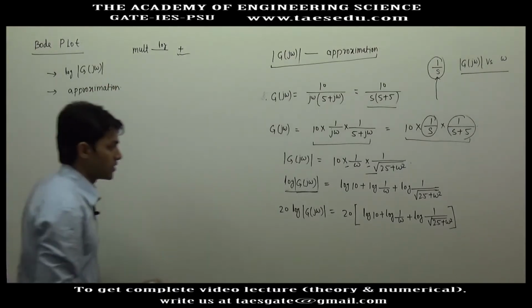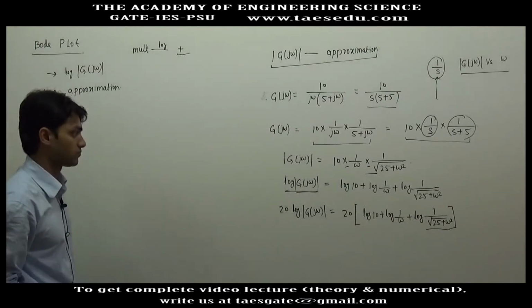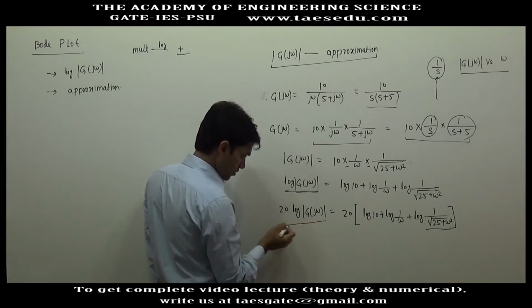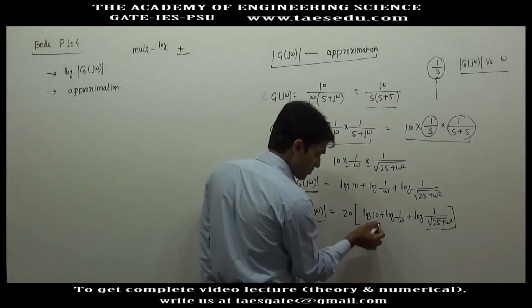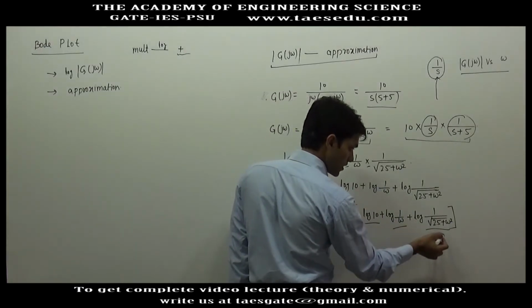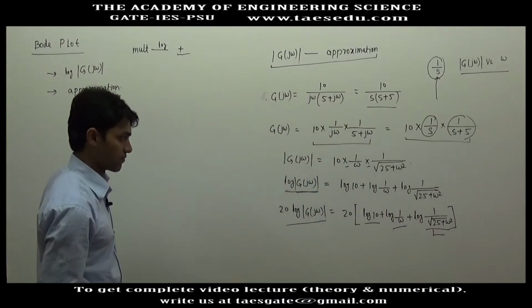So here we will observe what approximation I am talking about. To get plot of 20 log modulus of G(jω), individually plot log 10, that will be very easy, then individually plot the others, and get the addition of these three graphs.